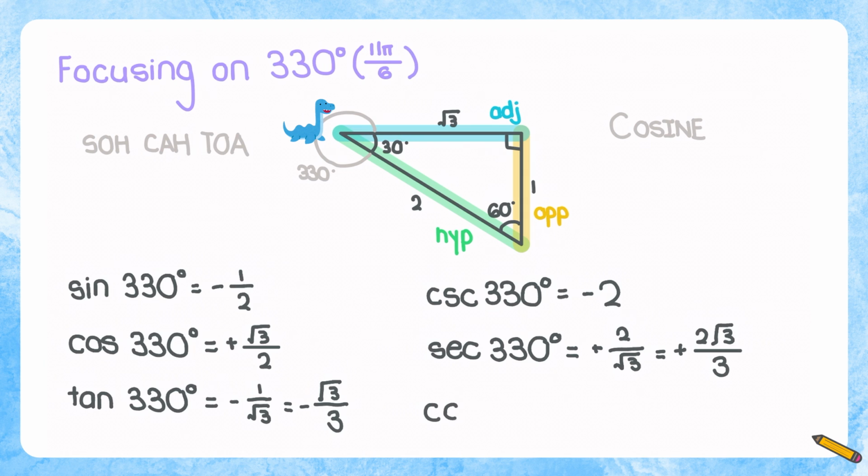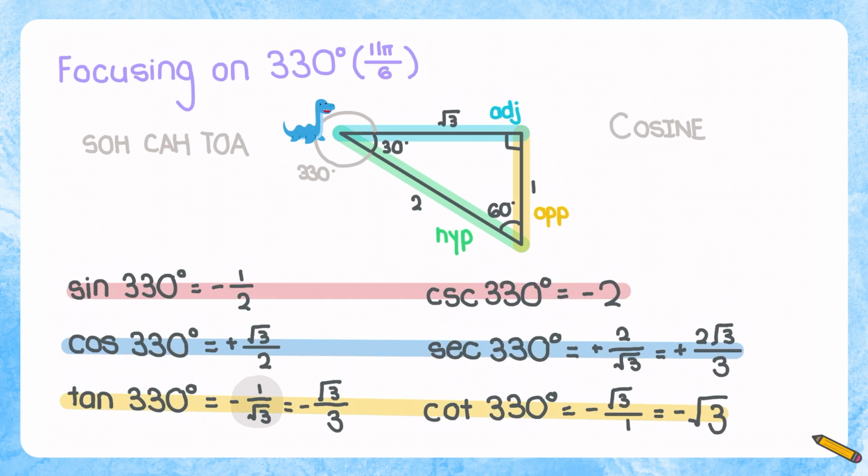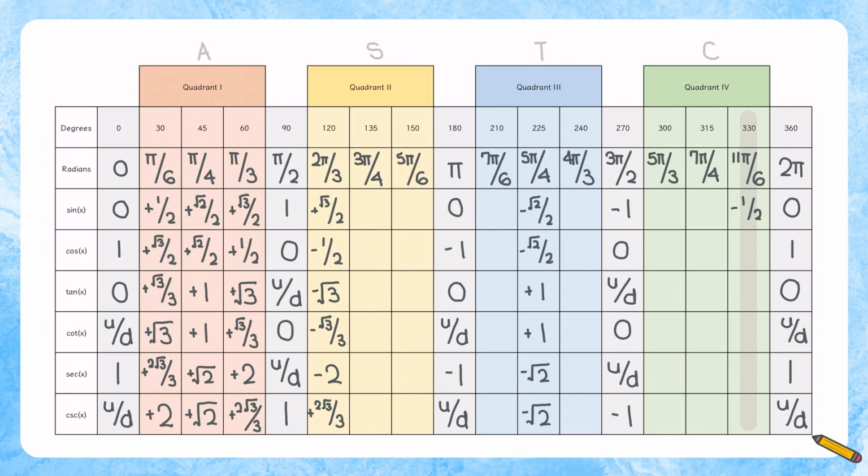Then lastly, cotangent of 330 degrees. Let's take the reciprocal of negative 1 over radical 3. So that's negative radical 3 over 1, or just simply negative radical 3. We found all 6 trig values for the angle 330 degrees, or in radian form, 11 pi over 6 radians. So let's fill out the trig values for 330 degrees.